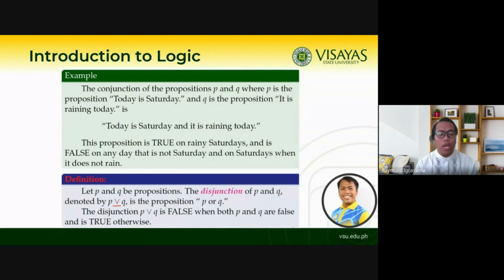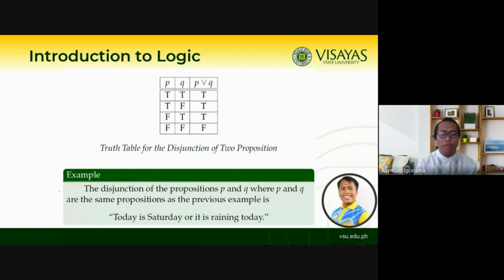The disjunction P or Q is false when both P and Q are false. So unlike the conjunction, which is true if both are true, the disjunction is false only if both are false. To review: the conjunction is true if both propositions are true; the disjunction is false if both propositions are false. Otherwise, if there is a mix, the value is the opposite. Again, it is only false if both propositions are false.